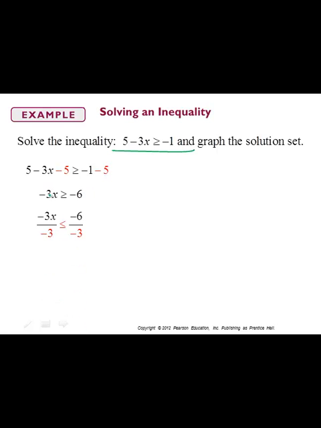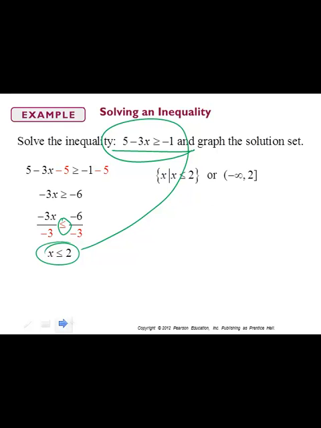And then divide both sides by negative 3, which, by the way, will reverse the order of the inequality. And on the right-hand side, negative 6 divided by negative 3 is 2. So you've got the equivalent inequality, x is less than or equal to 2, which is the same as saying the original inequality.